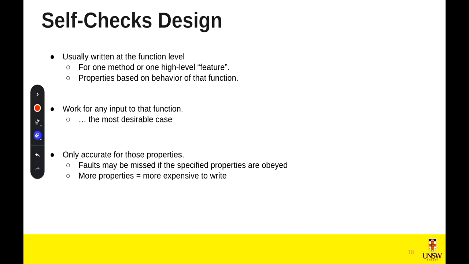Just now we mentioned that they can only check the properties we have introduced, and they are not able to fully check the correctness of the function. So the accuracy or the precision here is somehow sacrificed. And if we want a higher accuracy, we need to introduce more properties to check. And it also means that we are increasing the cost of developing these test oracles here. So everything is about trade-off.